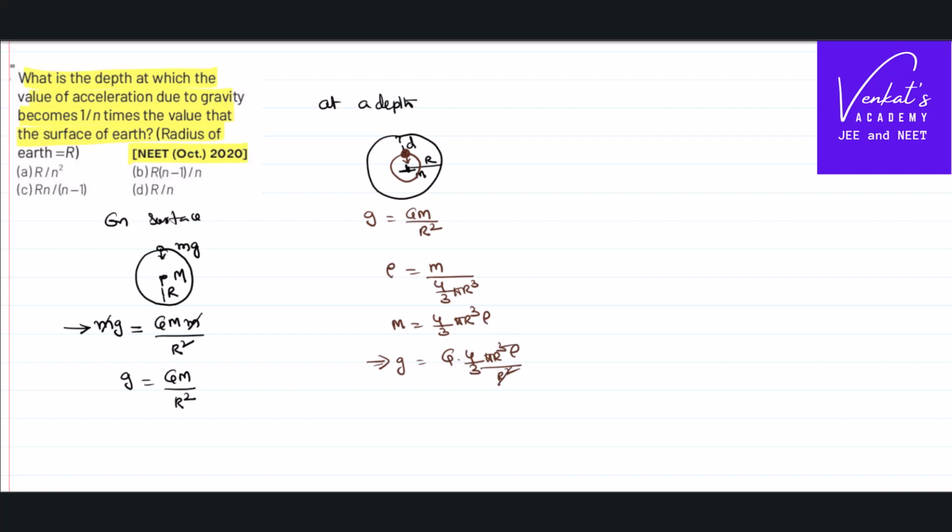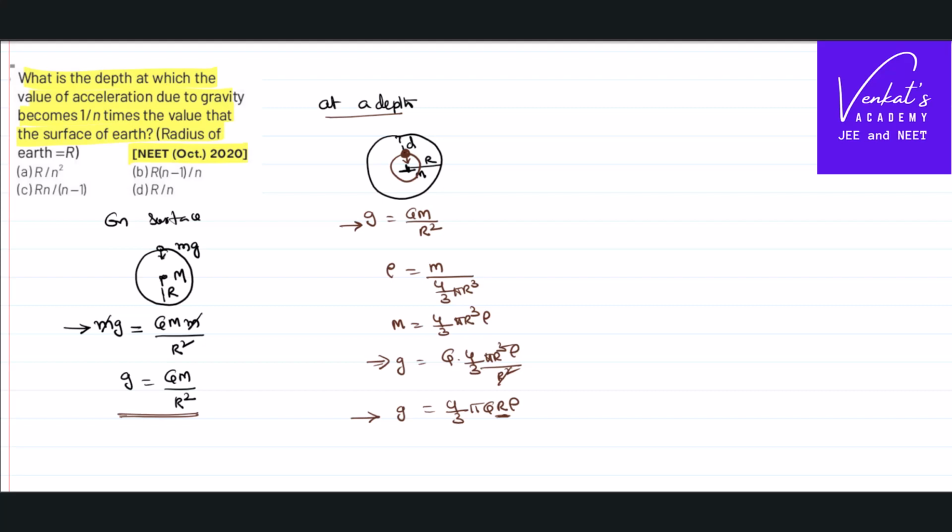The R square in the denominator and the R square in the numerator will cancel. So we have the relation 4 by 3 pi G R rho. This is the proper relation at a depth. I cannot use this relation like what we have on the surface of the earth, right? This is the same formula over the surface.